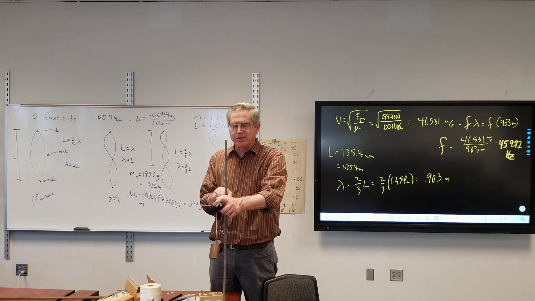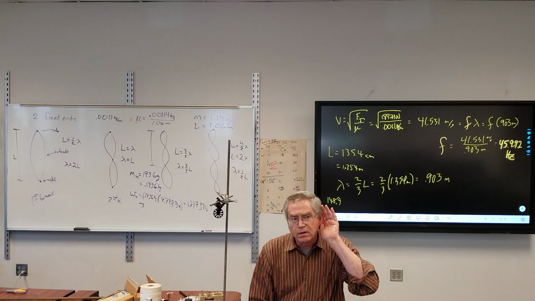So if the string is made of the same material, you can say the density will be the same. You just have to find the length and mass of that specific string. Yes, it'll be the same for both. That is the assumption that we're working under right now.